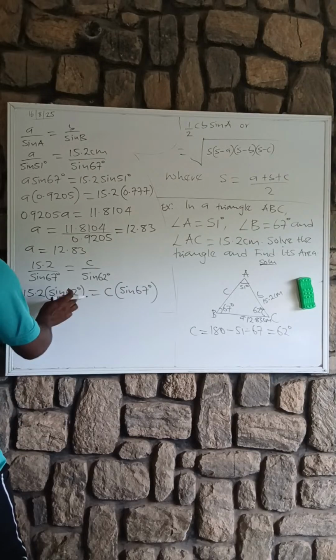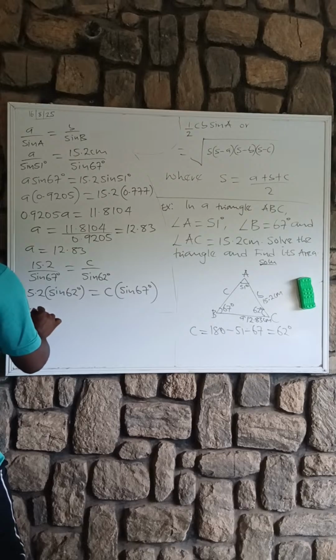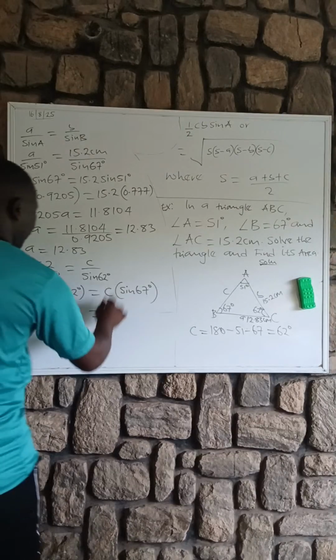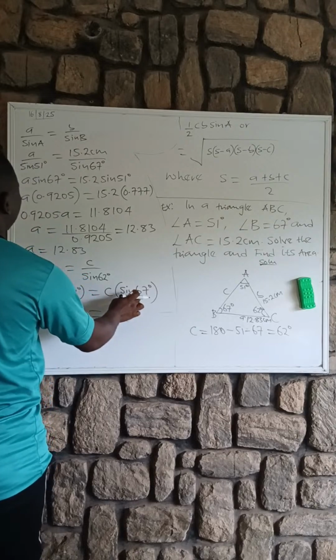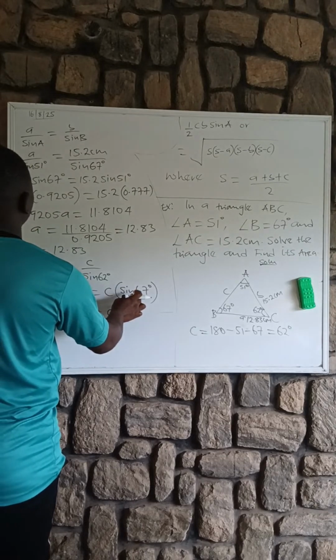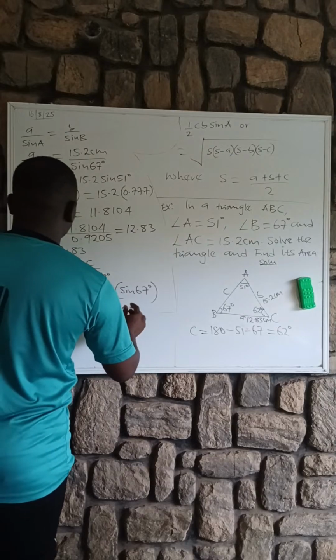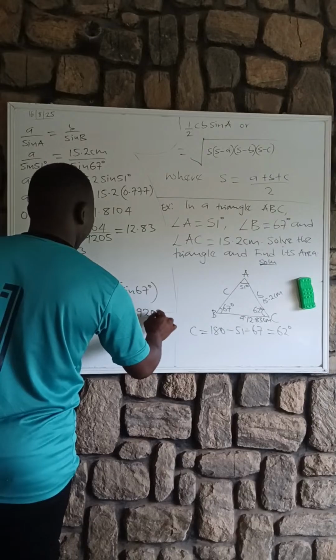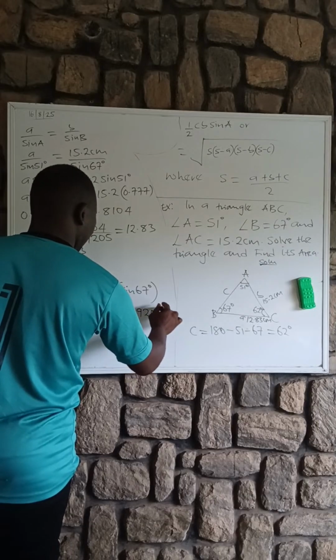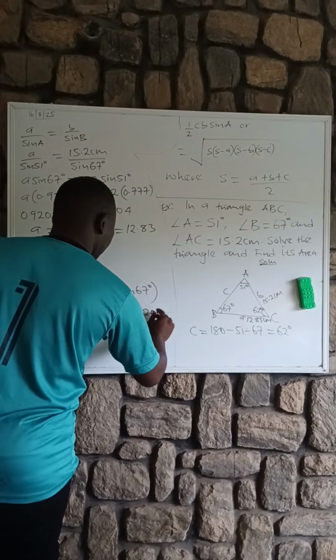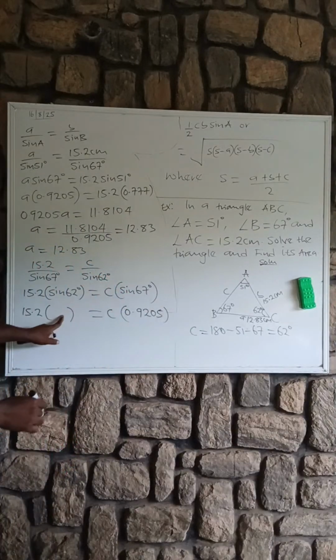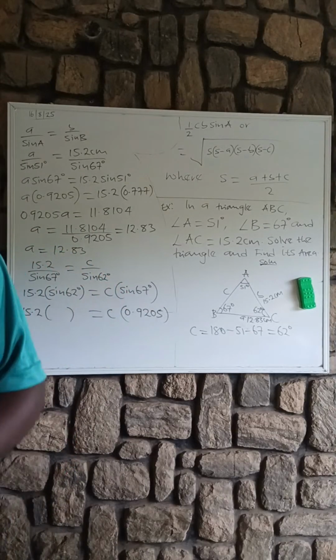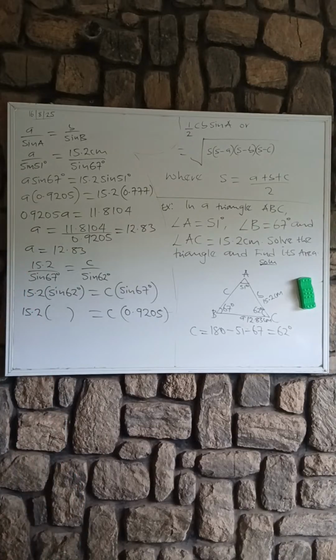So, what is sine 62 degrees? Somebody should help us. Sine 67 degrees gives us what? 0.9205, right? So somebody should help us with sine 62 degrees, please.